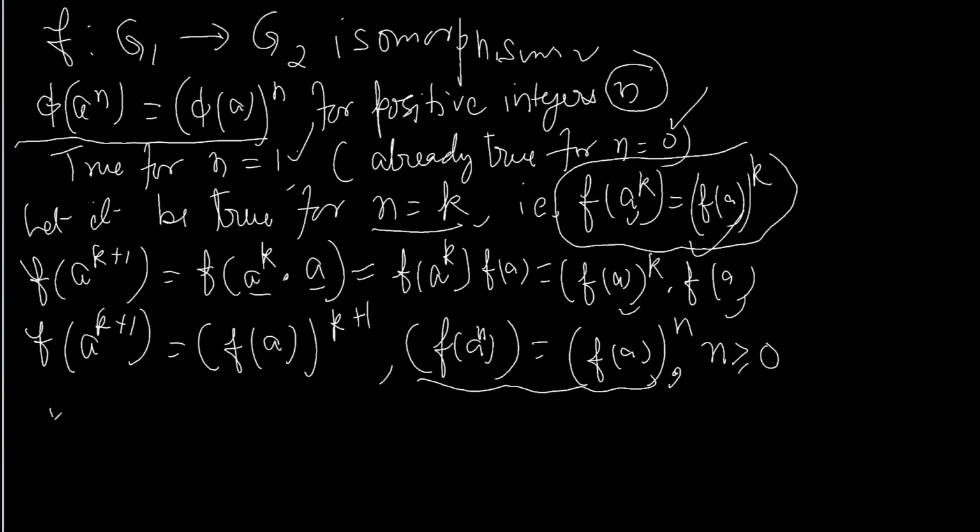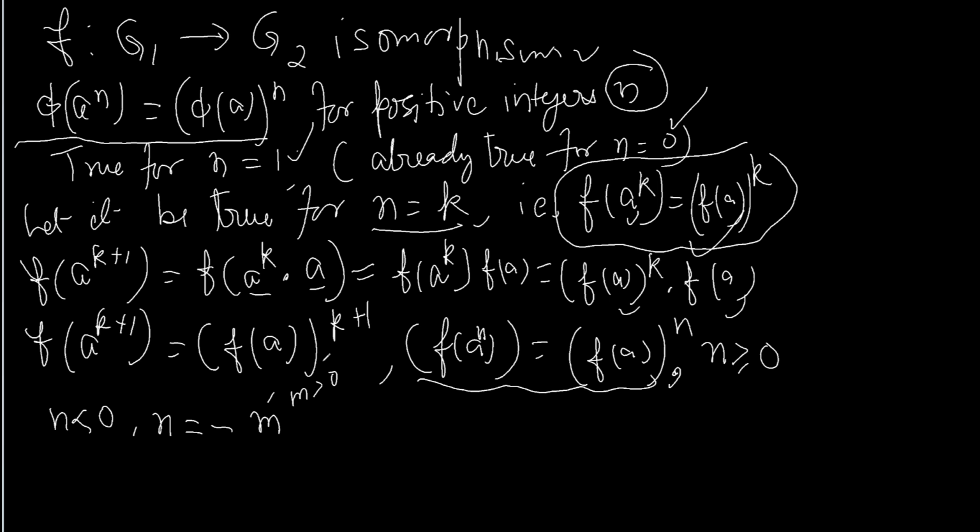Now let's let n be less than 0. Less than 0 means let n be negative m, where m is a positive integer. I'm not mentioning it, but we are taking m as a positive integer.